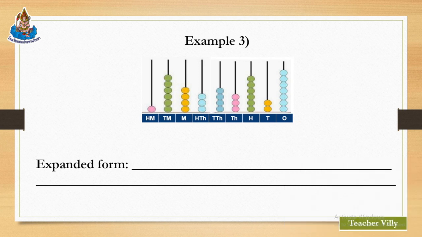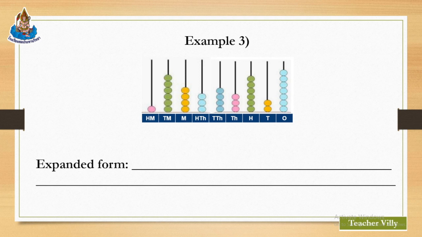Alright, so let's check your answer. So first thing to do, we have to find the number based from the given figure. So first is, what is the number, or how many bits are there in the ones place?